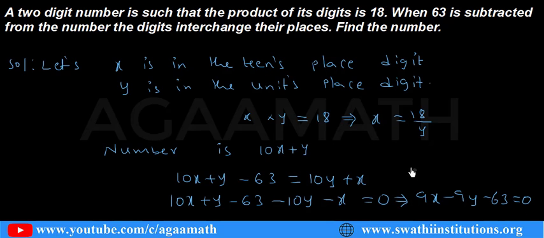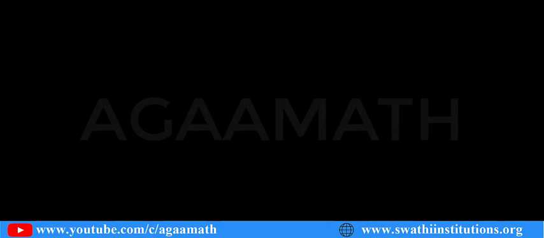Here, in place of x, I would like to substitute 18 by y. But first, let's divide each term by 9, because all the terms are multiples of 9.